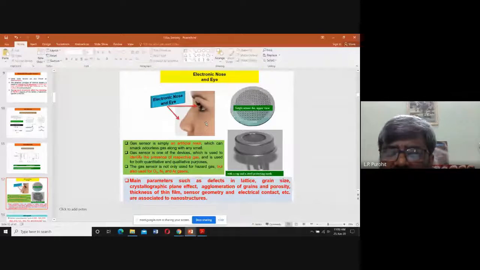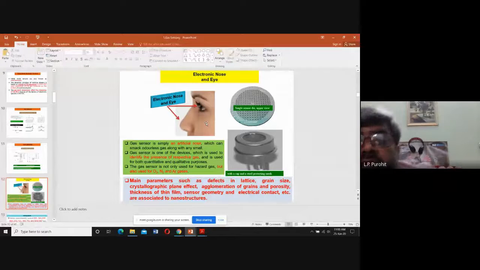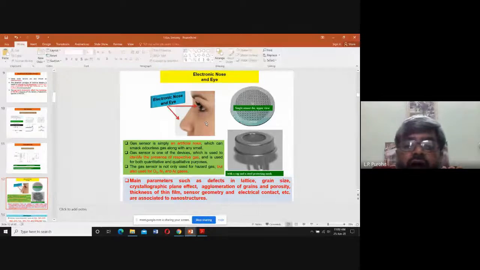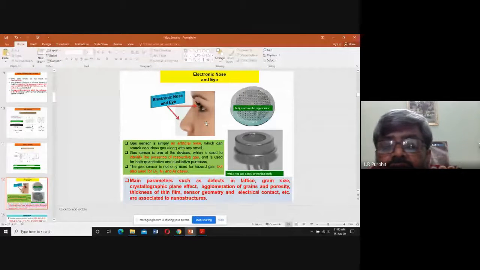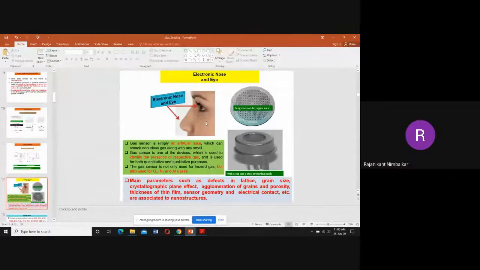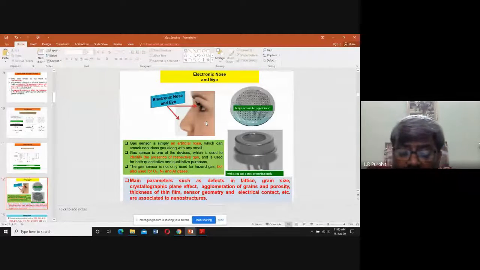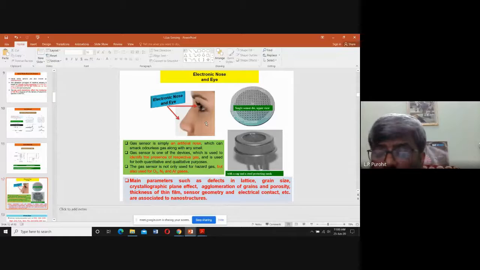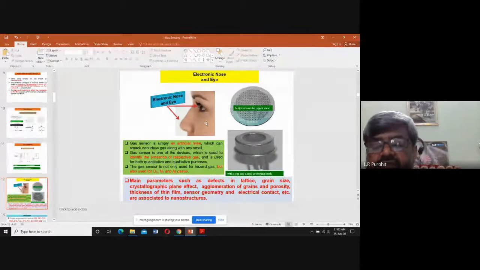Now, regarding gas sensing, the human nose and human eye are our best sensors. We call it electronic nose and electronic eye, and this sensor is nothing but an artificial nose. As we know, the typical human nose has 400 types of scent receptors to smell about 1 trillion different odors.